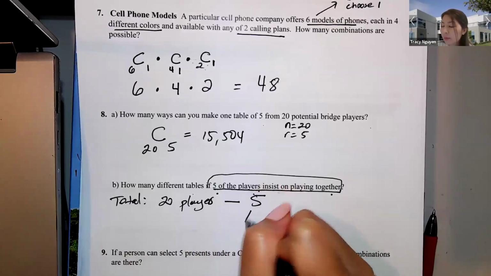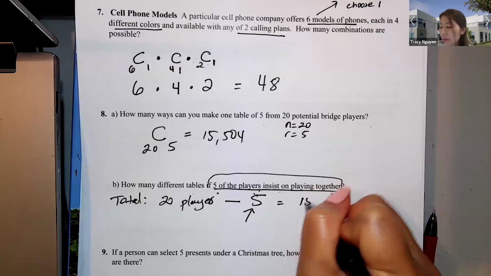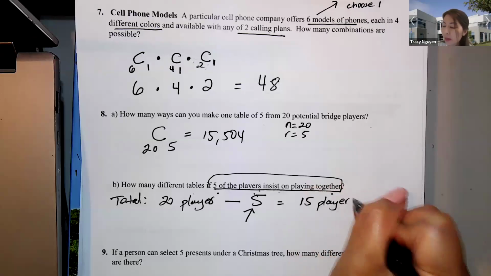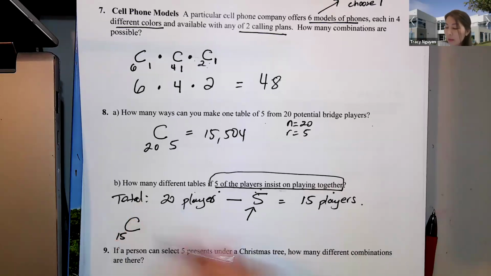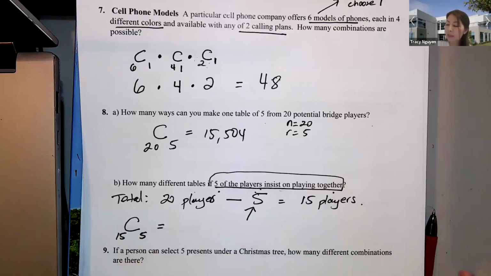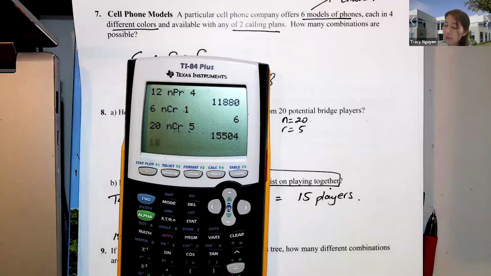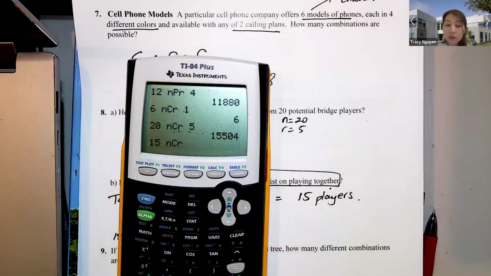This is one group of 5 we need to take away. So that means we only have 15 players left. Okay. Now we're going to do combination of 15 players left, and we're choosing 5. So 15 math PRB combination, 15 choose 5.